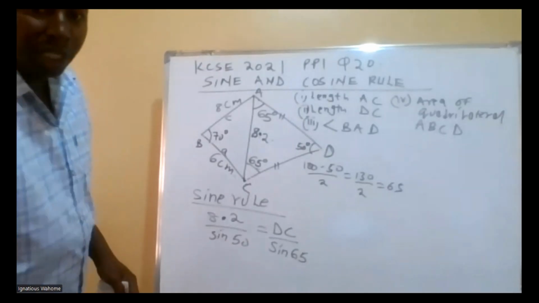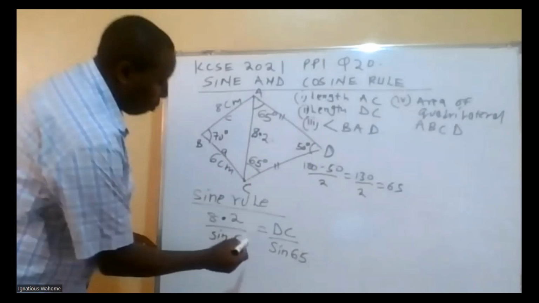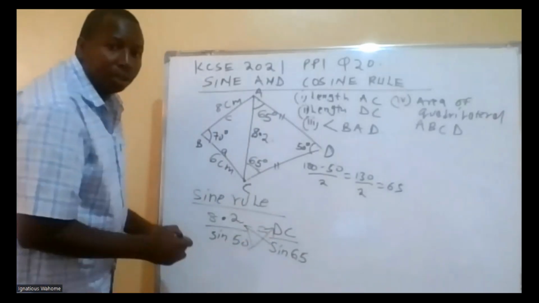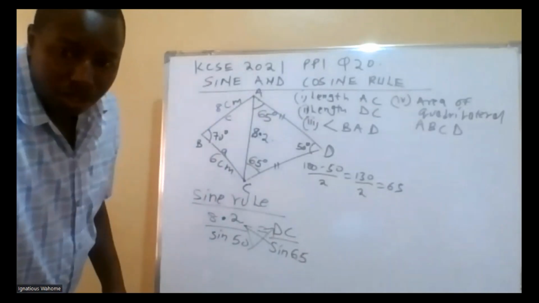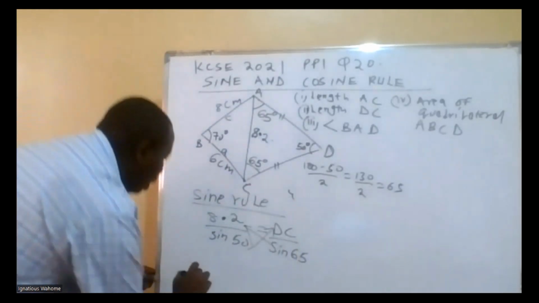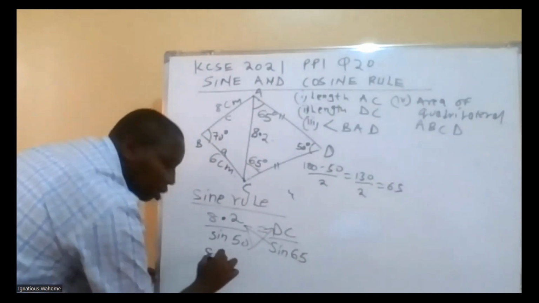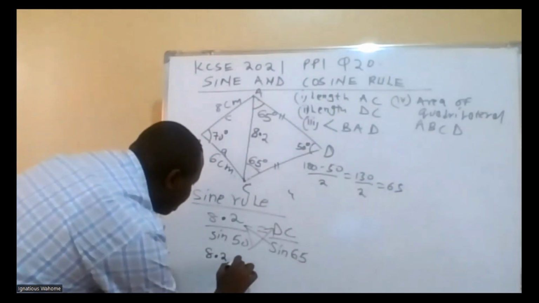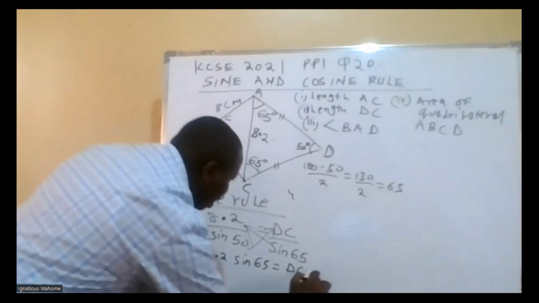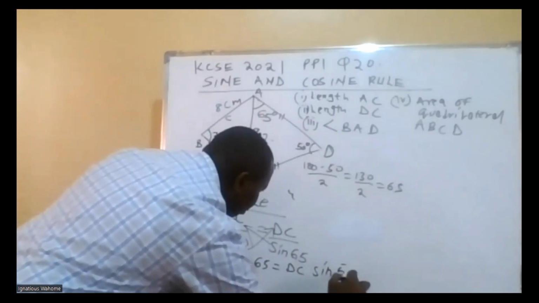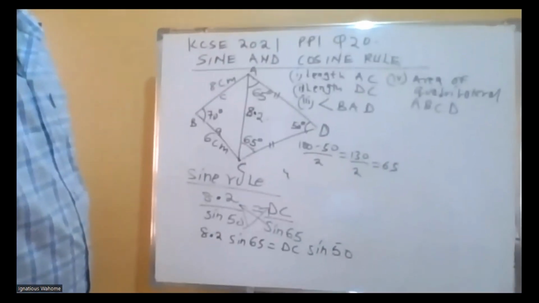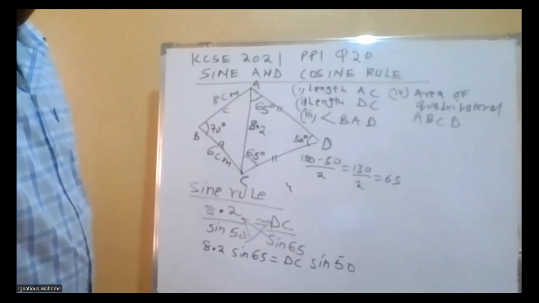Then for DC, you can cross multiply. Bring this one here and bring this one there. Then you say 8.2 sine of 65 is equal to DC sine of 50.